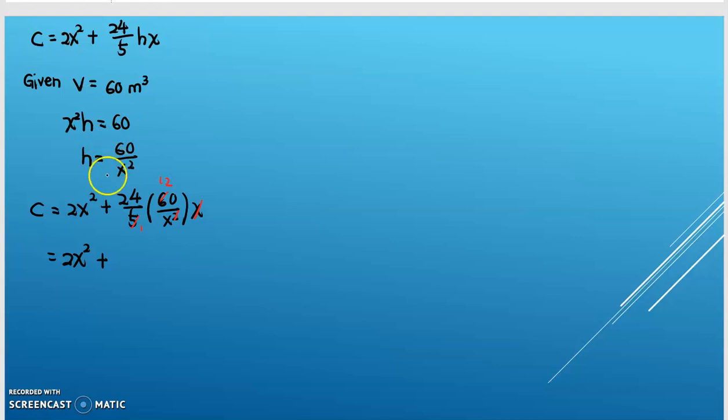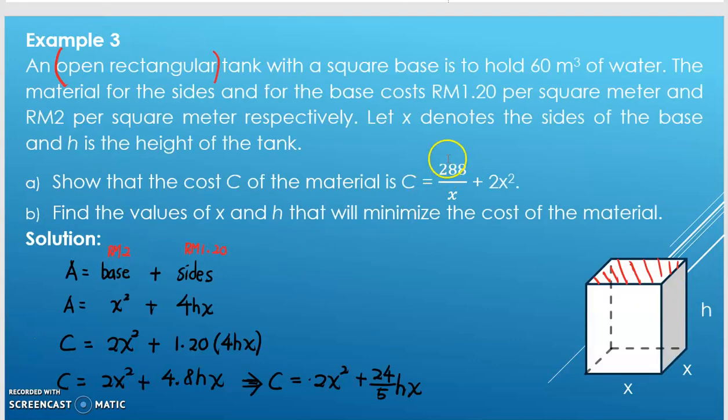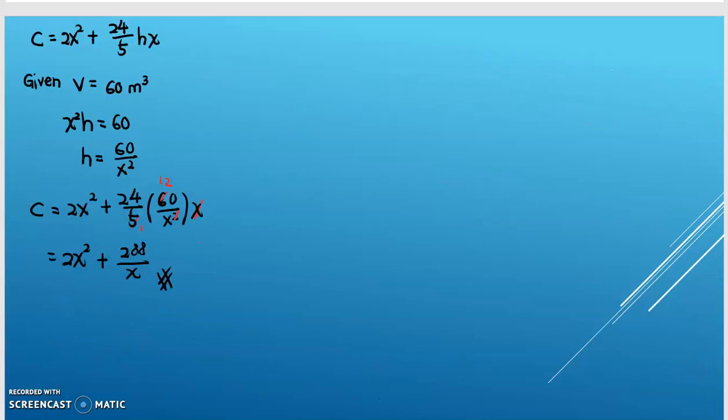So from here I should have 288 over x. And this is the same as the given function in (a). So I rearrange to make sure that it's the same as the given function: 288 over x plus 2x squared.